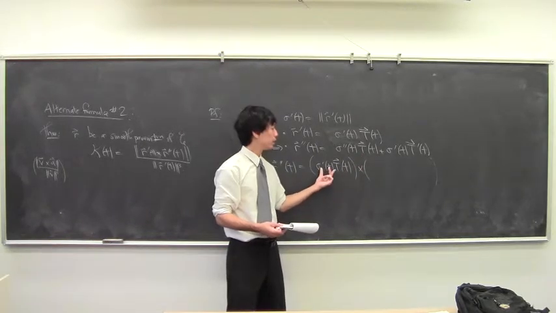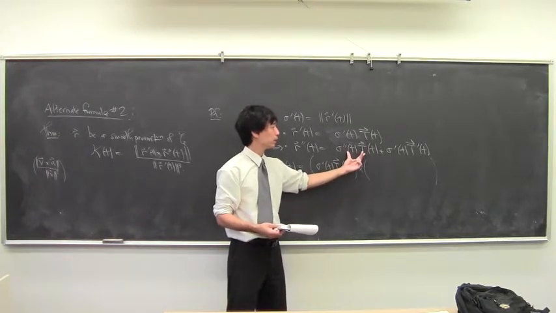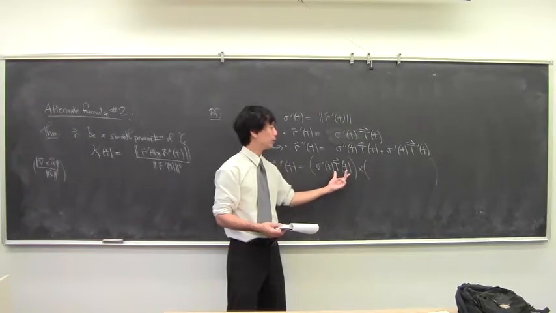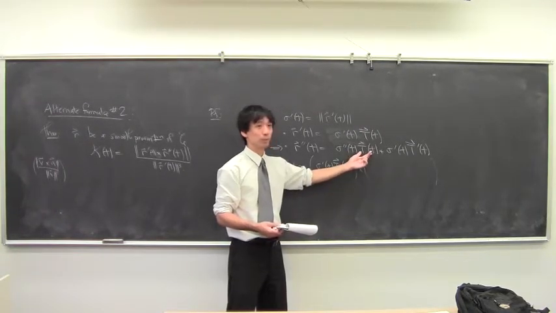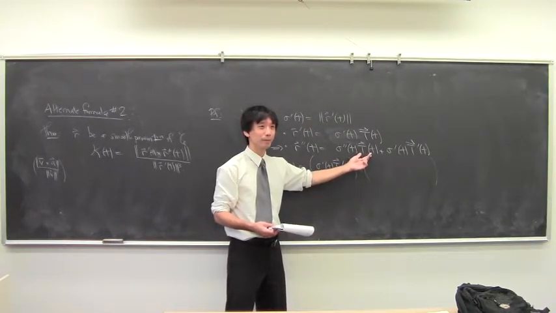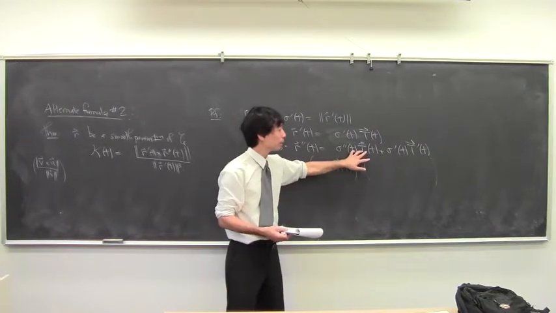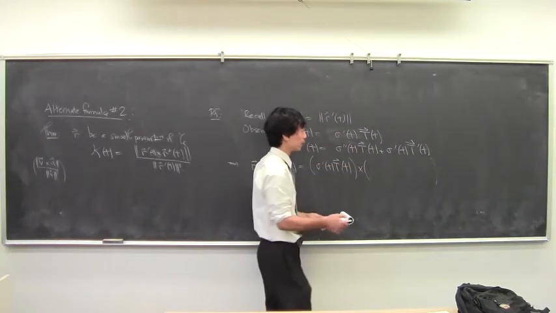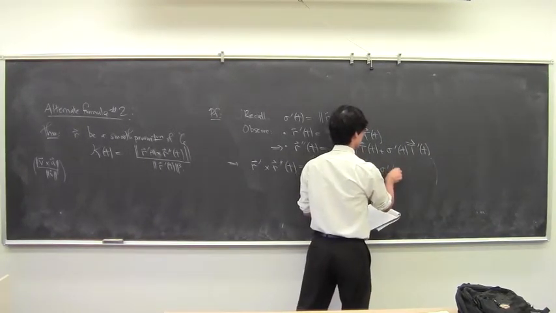You're taking a multiple of the tangent vector cross a multiple of the tangent vector. What's a vector cross itself? The cross product of a vector against itself is 0. So this term doesn't do anything. The only term that matters is the second term.